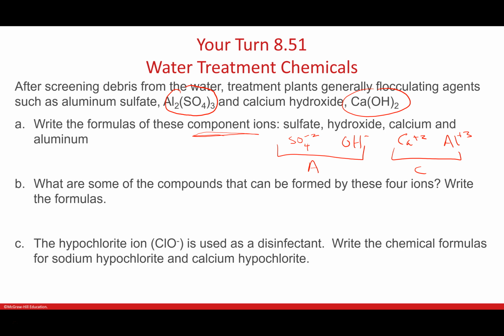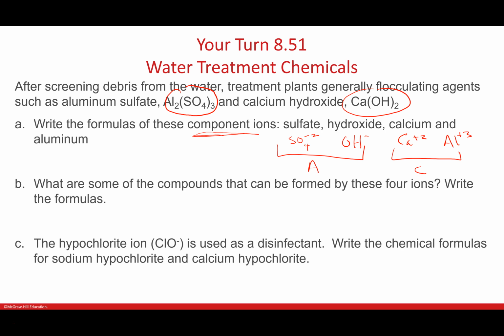So what if we grab calcium and grab sulfate, Glenna? What would they form? What's that? Perfect. Yep, the 2's would cancel out because calcium's a +2, sulfate's a -2, so what would the formula be?